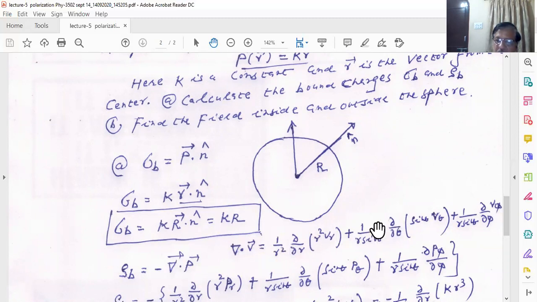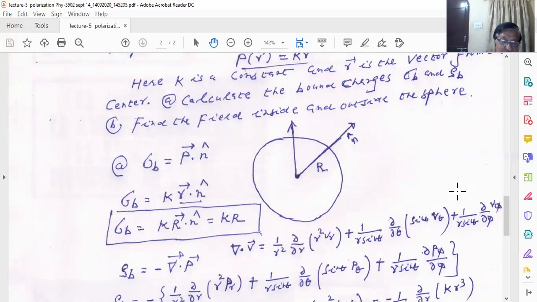I wrote it here. If you have any vector function V and you want to calculate its divergence, the divergence of V is given as 1 upon r squared, del by del r of r squared Vr, where Vr is the r part of your vector function. V has three components in r, theta, phi: Vr, V theta, and V phi.